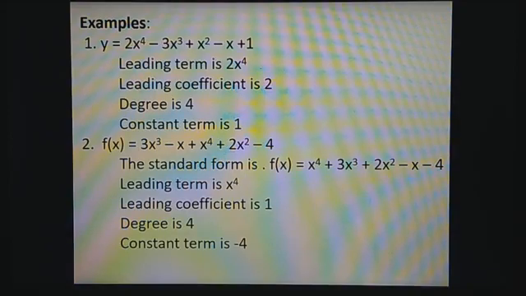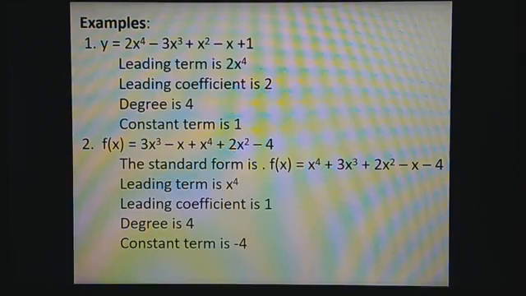Meaning, this is not written in standard form. So if we are going to write this in standard form, we start with the term with the highest exponent, and that is x raised to 4, followed by the term 3x raised to 3, then we have 2x raised to 2, followed by negative x, and then the last term will be negative 4.